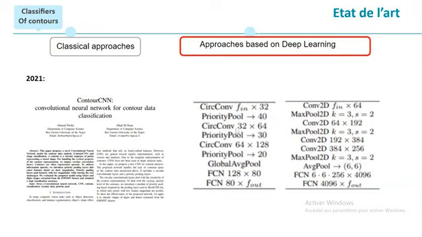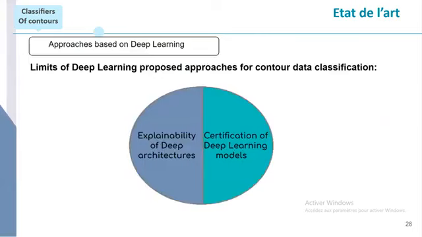So this is a typical architecture. The way it works, you give a contour as input, and it extracts features to tell you this is a bone, this is a cat, this is a dog, or whatever.